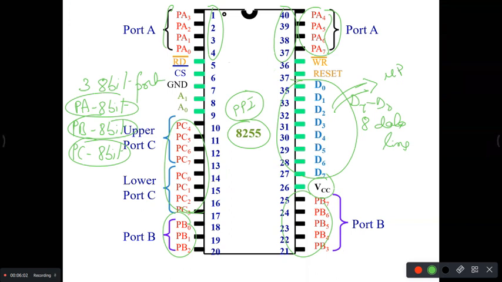Now you tell me, suppose a microprocessor wants to receive 16-bit data. Can I get it from one 8255? Not possible. You have to use two 8255s. You make one 8255 an even address and another 8255 an odd address, so at a time you can get the data.